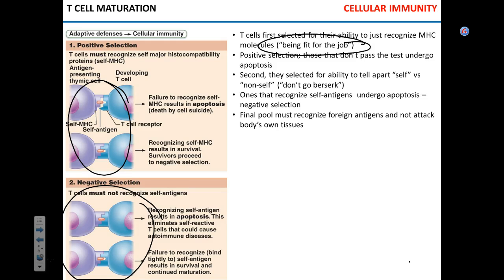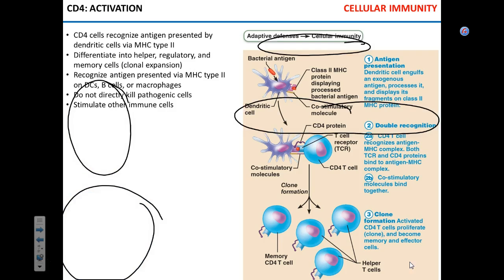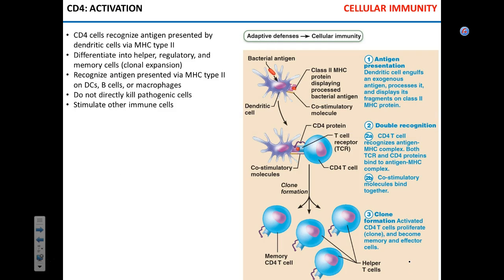Right? So the final pool of the cells must be able to recognize foreign antigens bound to MHC, but not your antigens bound to MHC. Good? Okay, that's really a foundational concept that then will help us to understand how these cells work.